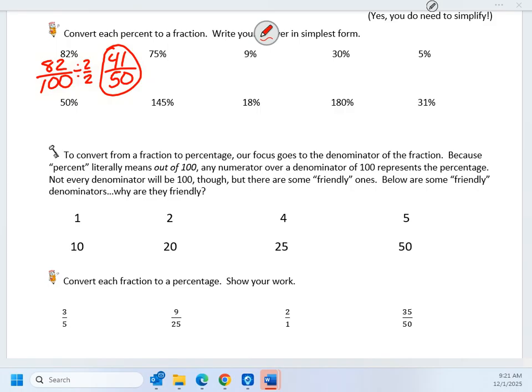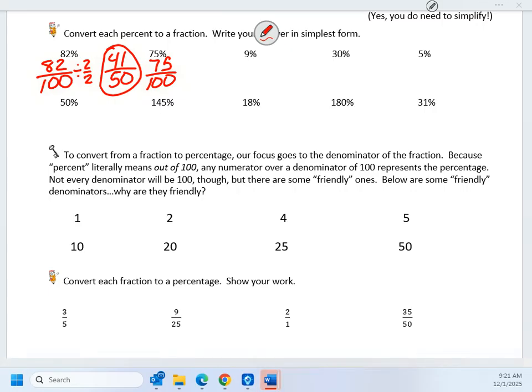Let's do one more together. 75% would be what fraction? Give me the first original fraction. 75 over 100. 75 hundredths. Am I done? No, what do I have to do? You have to simplify.